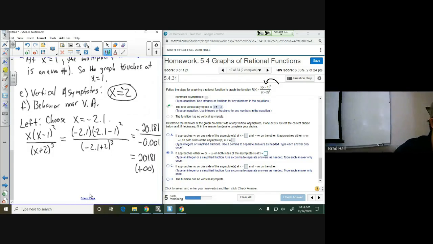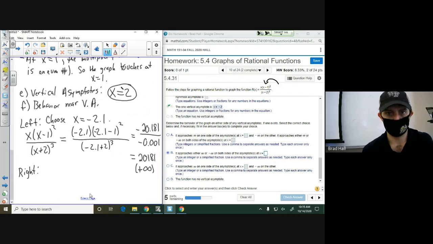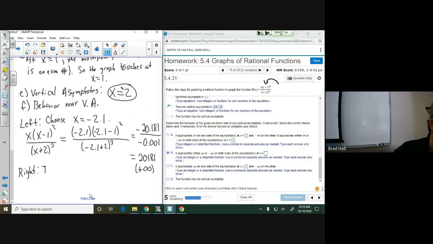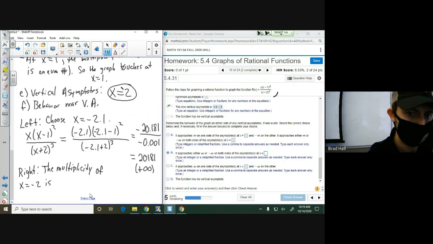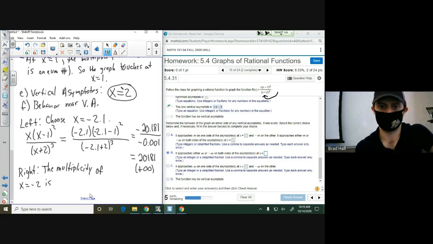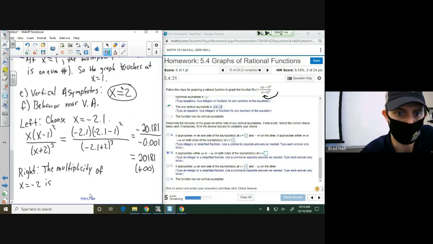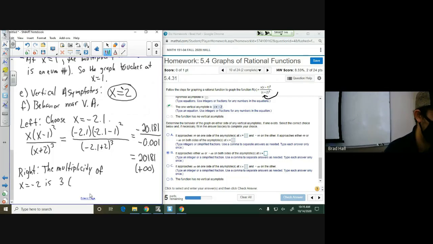And so to figure out the right, we need to figure out the multiplicity of x is equal to -2. -2 comes from right here, which I wrote on the right of the screen. So the multiplicity of that is 3, which is an odd number.